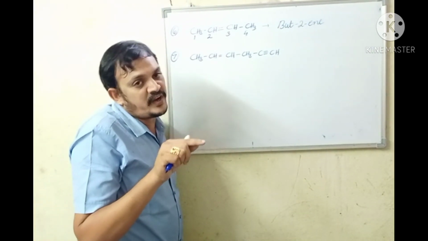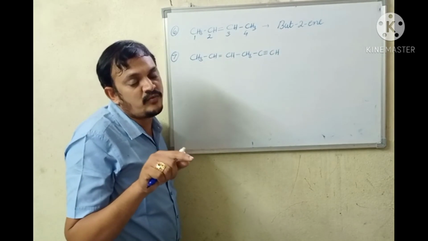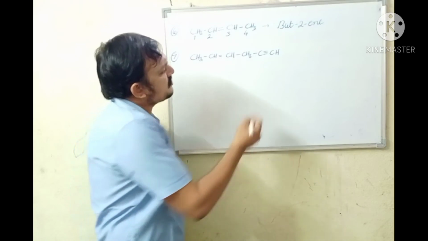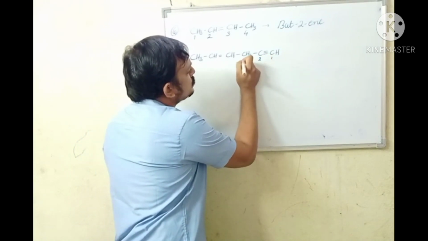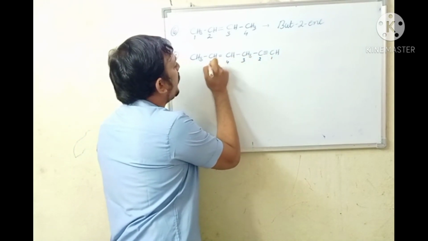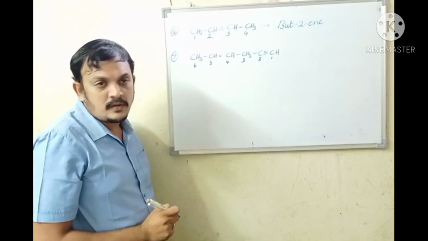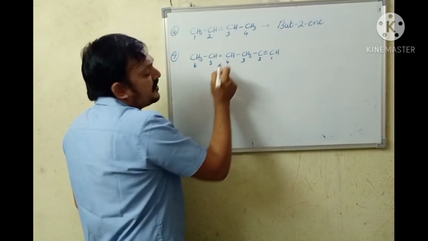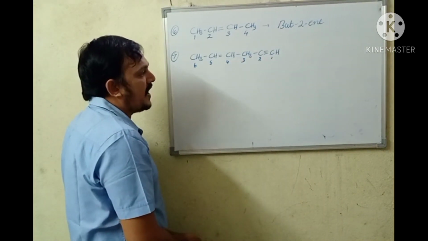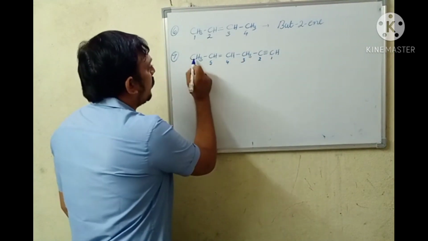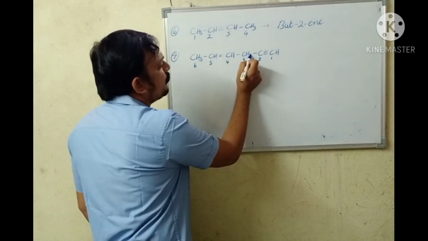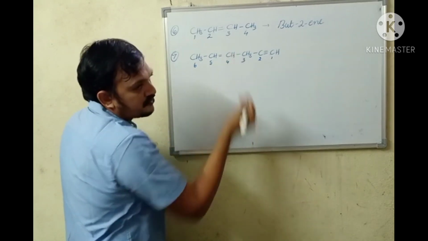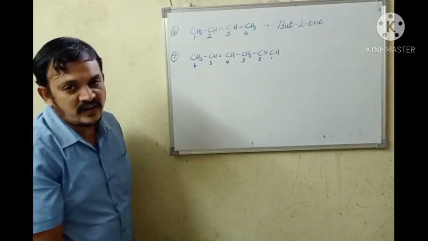Double bonded carbon atom locant number plus triple bonded carbon atom locant number must be lowest. If you see 1, 2, 3, 4, 5, 6: triple bonded carbon locant 1, double bonded 4, 1 plus 4, 5. If you take them from left to right, 1, 2, 3, 4, 5: 2 plus 5, 7. 2 plus 4, 6. Lowest, so right to left numbering.